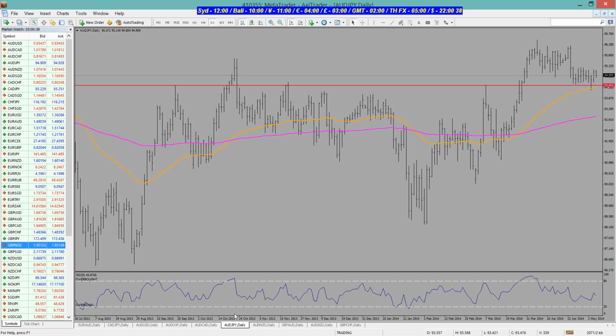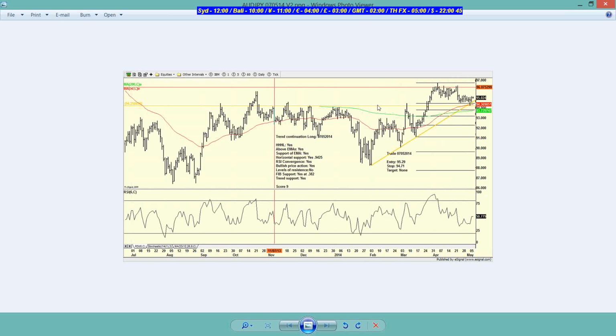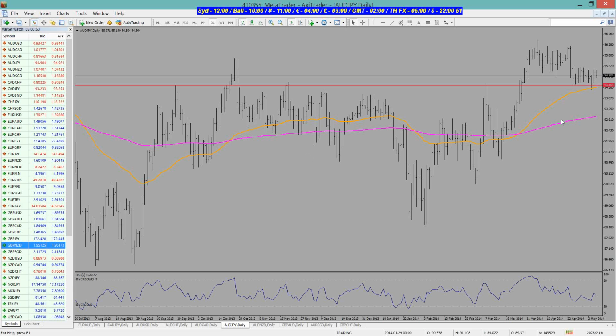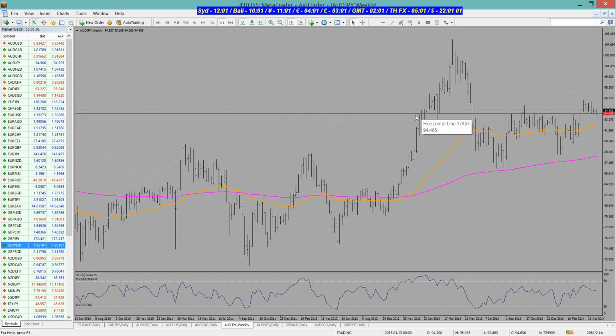Just the one thing I did notice on that is your horizontal level was slightly different. It's about 40 pips lower than what I would have had that. You've got it at 94.25, and I've got mine at 94.46. So I get this high, that high, and if we go to the monthly, weekly, you're also getting that first resistance, this sort of low here.